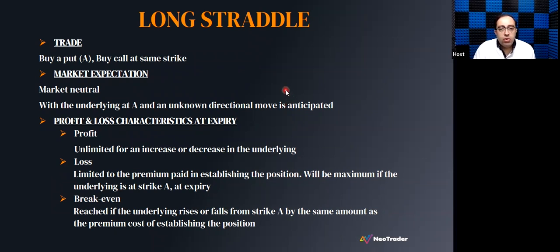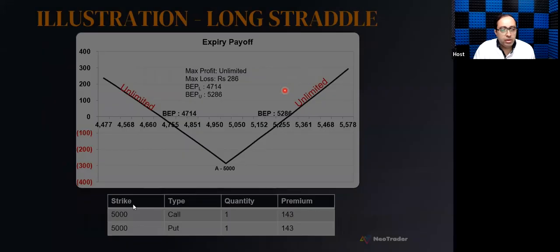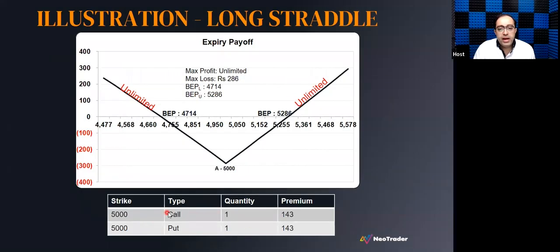For example, you are buying a 5,000 call and a 5,000 put. In this scenario, there will be a premium outflow from your end, because you are buying a call and a put. And you will create a range. In this market neutral strategy, you will be creating a range and then acting on it.